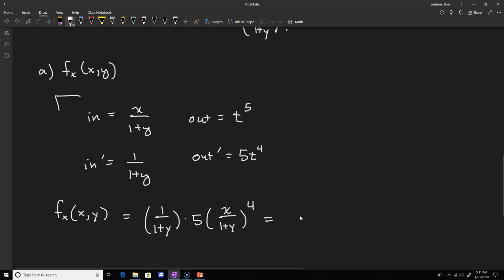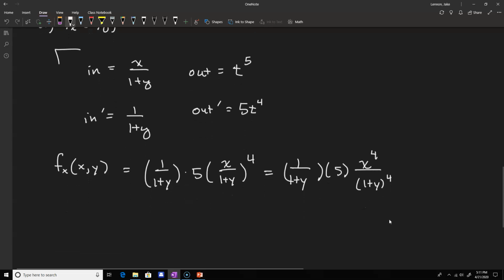So we could simplify this a bit if we want. We would have 1 over 1 plus y times our 5 times x to the 4th over (1 plus y) to the 4th, applying a law of exponents there.